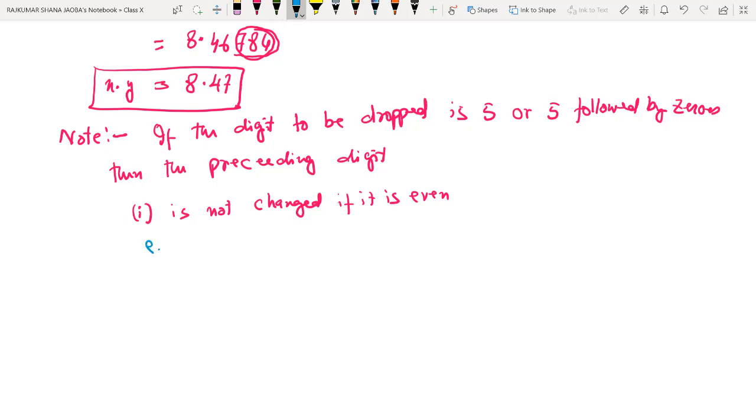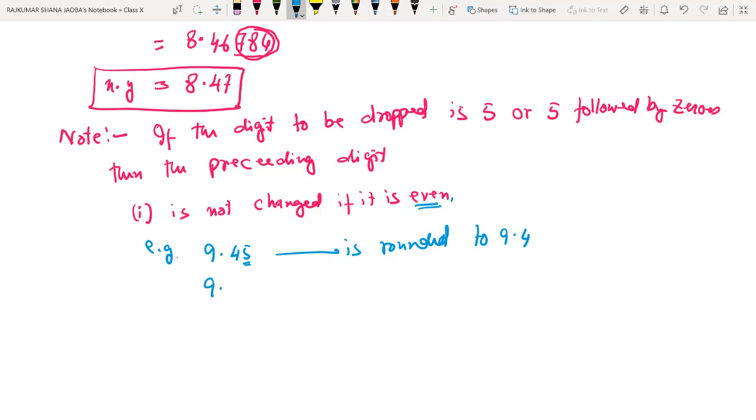So example, 9.45. See, 5 is dropped. The preceding digit 4 is an even number, so it remains unchanged. It is rounded to 9.4.